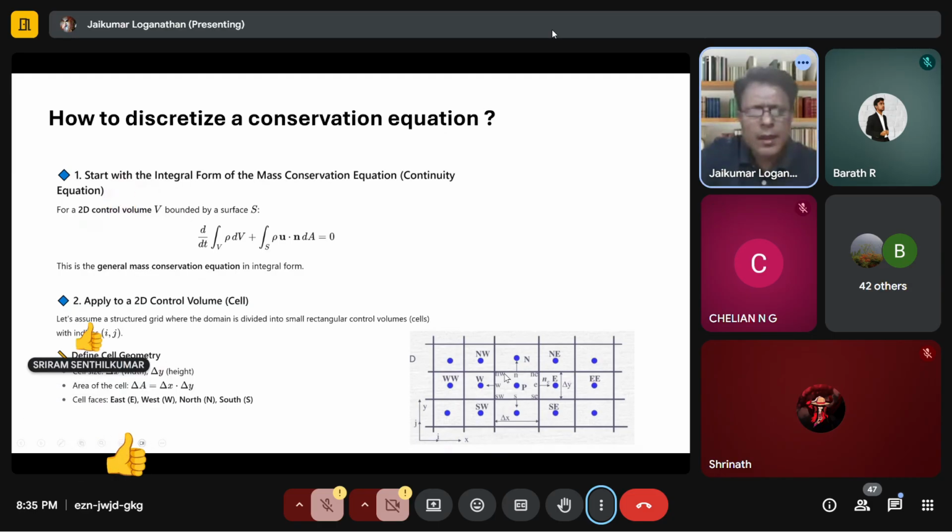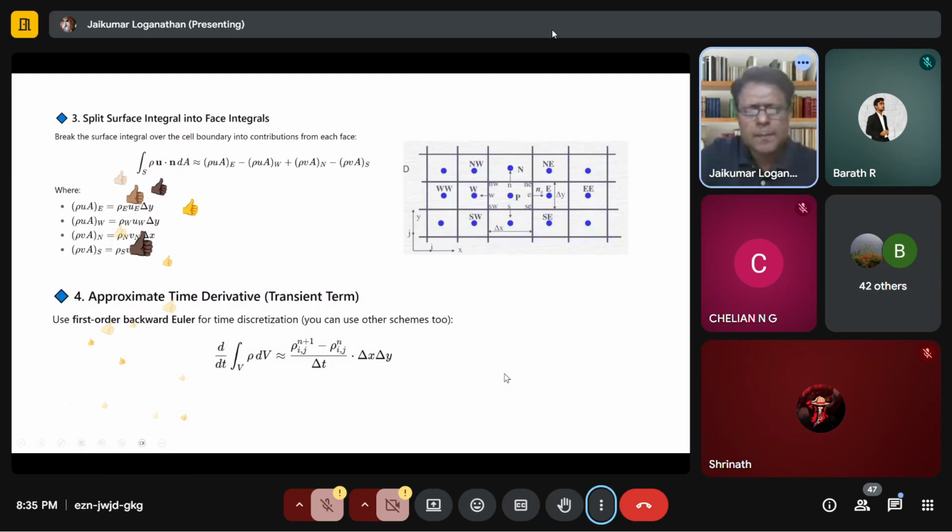Okay. So now let's see how we can break this surface integral, right? The surface integral is nothing but you have to integrate over all the surface. Because it is a nice rectangle, it becomes a summation.